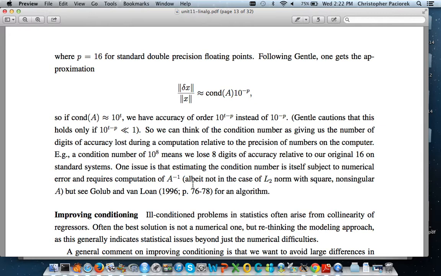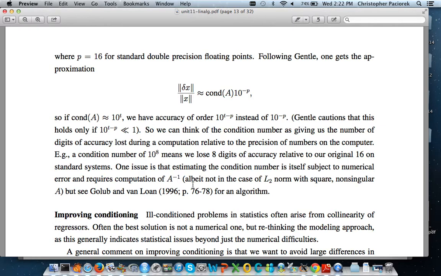Okay, so under what conditions is this going to be more or less 1? G, do you have any thoughts here? So we know this is around 10 to the minus 16.